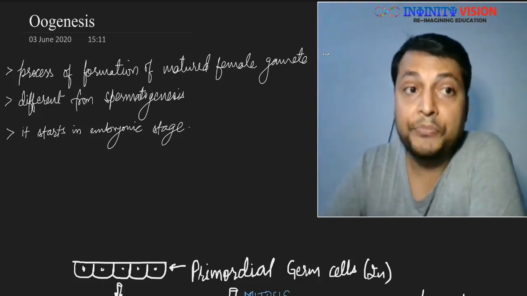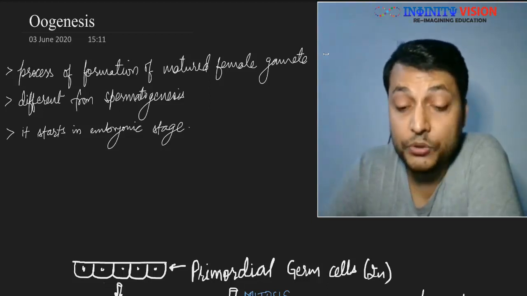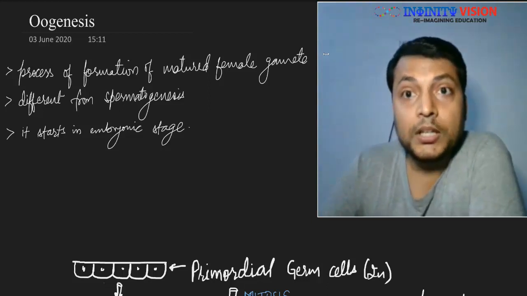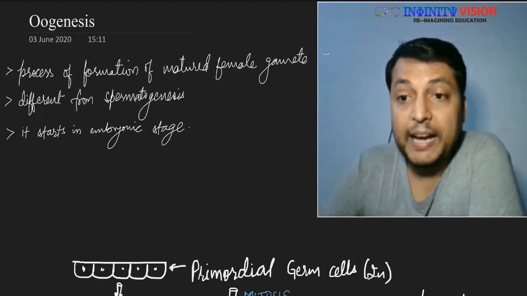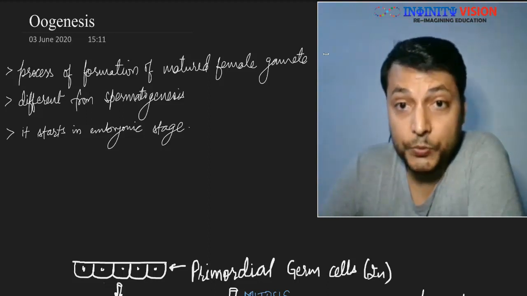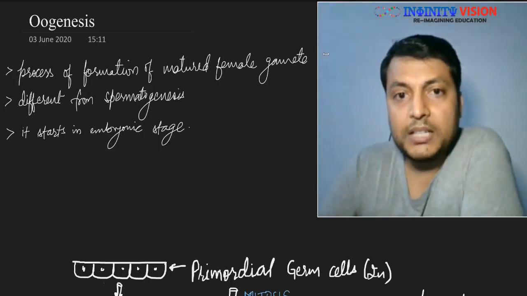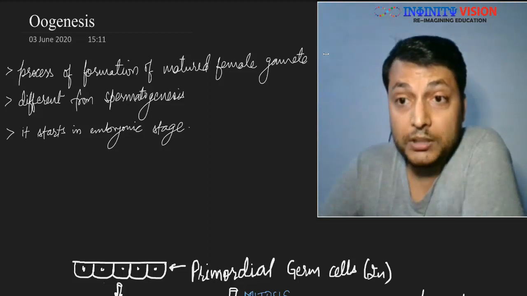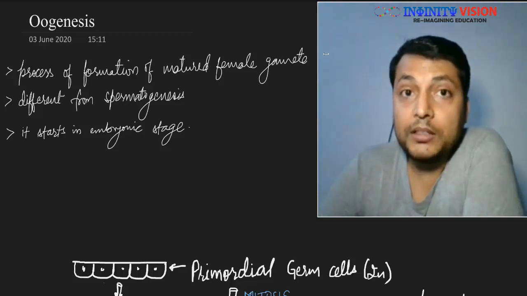Then spermatids transform or metamorphose into spermatozoa or sperm. So there, meiosis 1 and meiosis 2 take place back to back. There is no delay. However, in case of oogenesis, we will see in this video lecture that meiosis 1 and 2 do not happen back to back. There is a gap between the two. Also, in both meiosis 1 and meiosis 2, the cells are arrested for a very long time in their prophase.